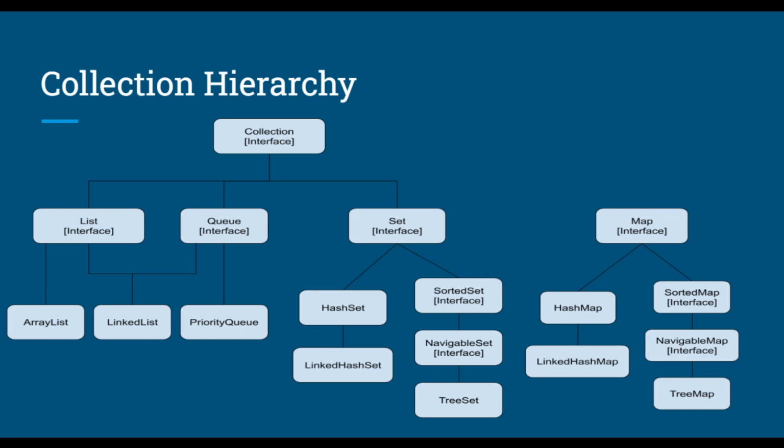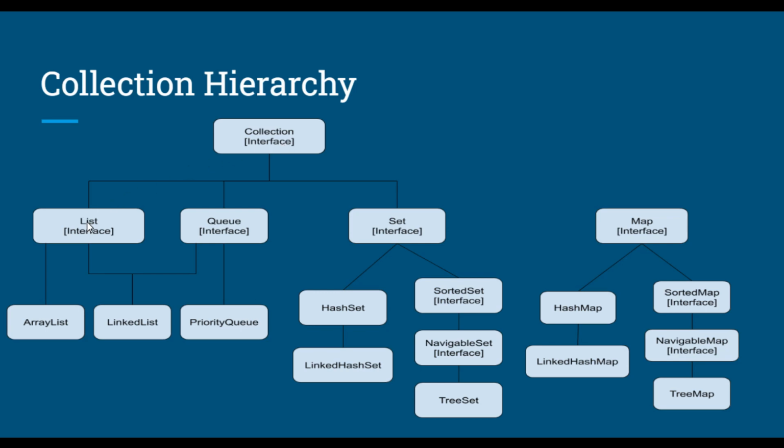These are all methods that are present in the collection interface. The elements below it, like list, queue, and set, all implement these methods to store the data or to remove the data, using the collection interface methods.